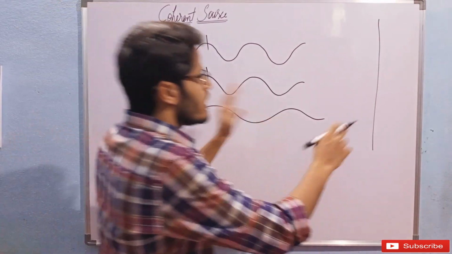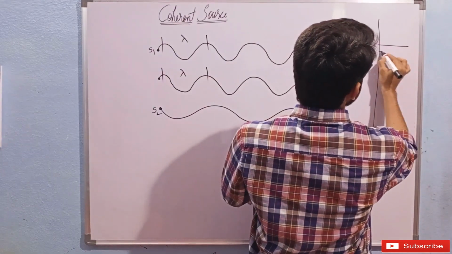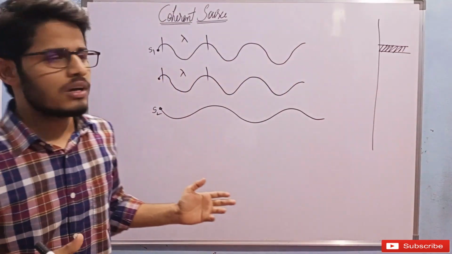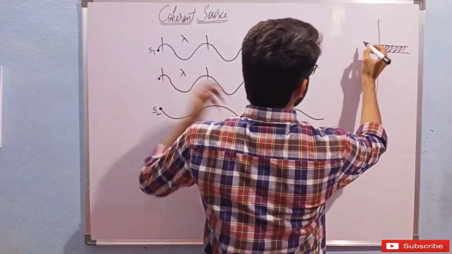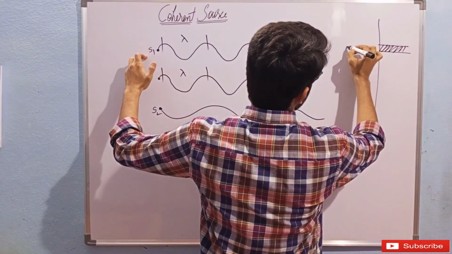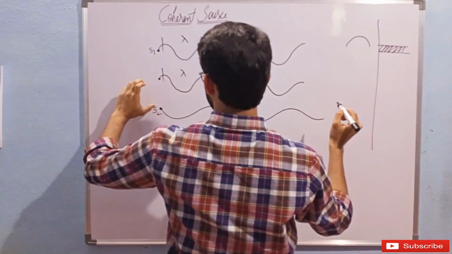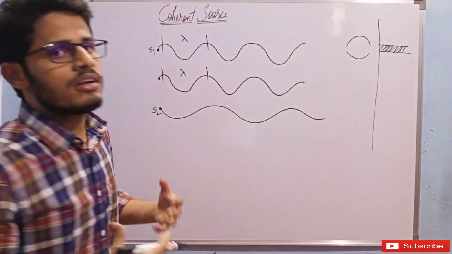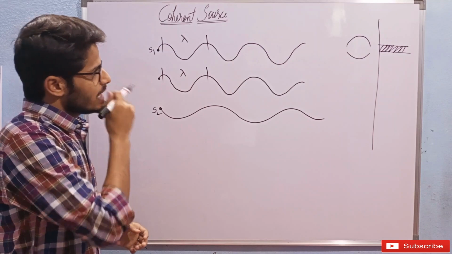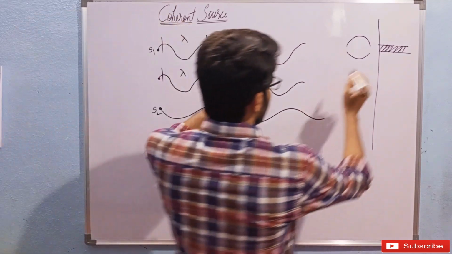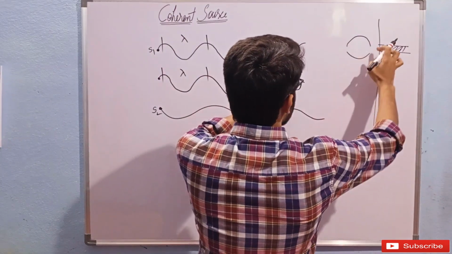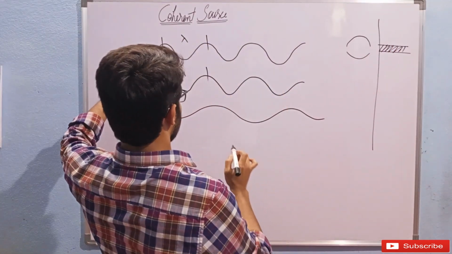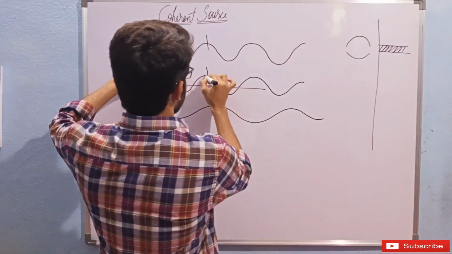Now I'll tell you why I will not get interference due to these waves. Whenever you get a dark spot on the final screen, it means the first source is giving you its top and the second source is giving you its bottom. Then only can you have destructive interference. But here, if you have the same wavelength, they will have the same amplitude.